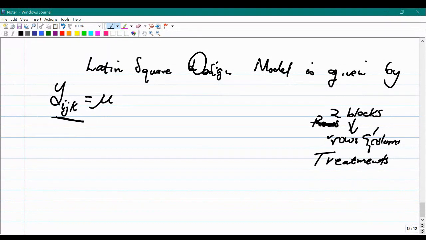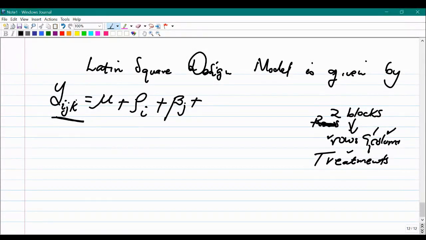You need a Greek letter to represent the rows, a Greek letter to represent the columns, and a Greek letter to represent the treatment. So the model can be written as mu plus alpha_i, which goes with the rows, plus beta_j, which is the columns, the second subscript here.